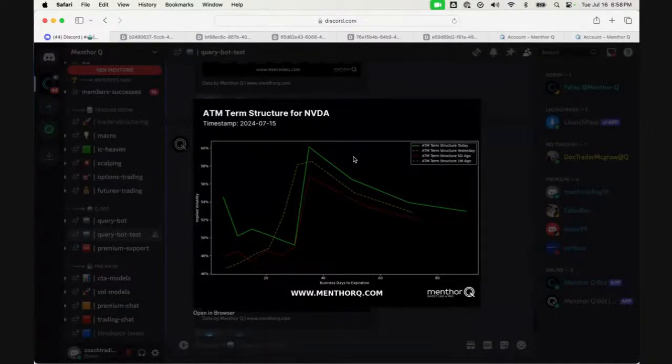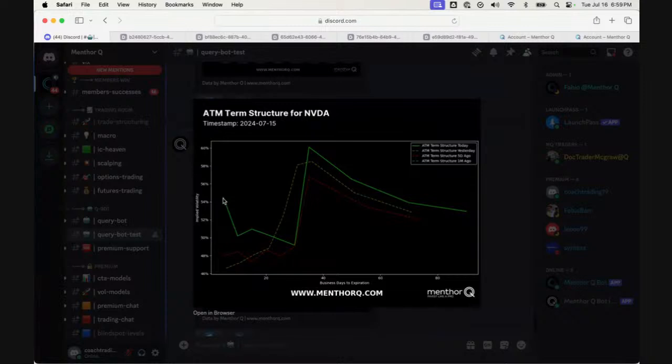But we also see, if you look at the shape of that, if we go in toward today, all the way to the left, okay, that's the volatility for this Friday. The closest expiration of volatility is always going to be higher.